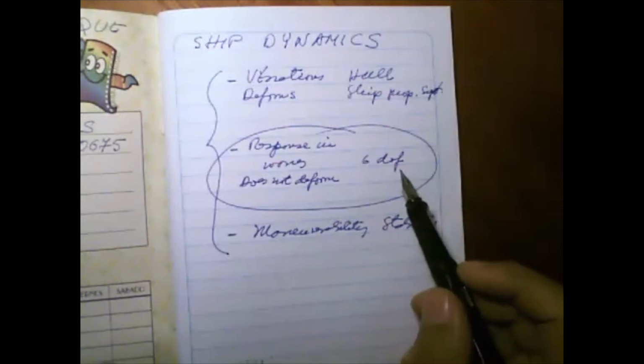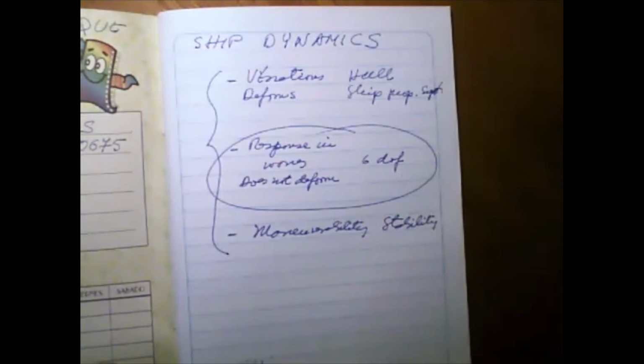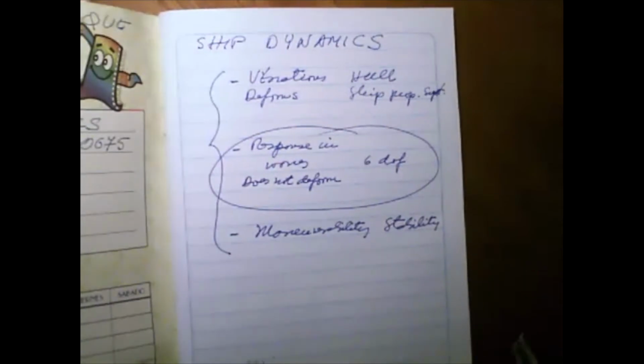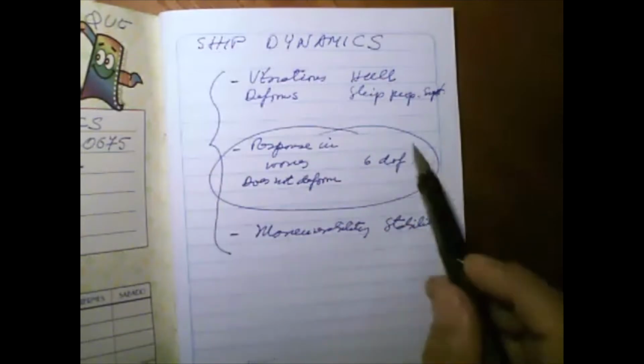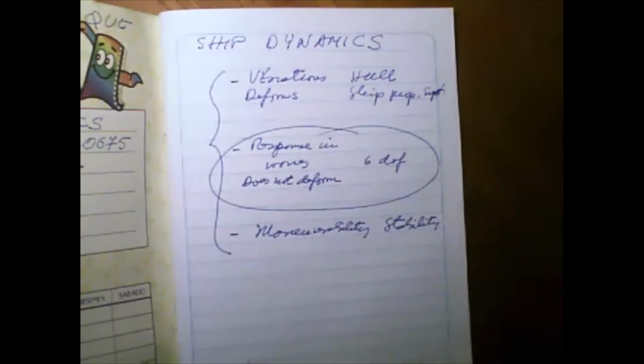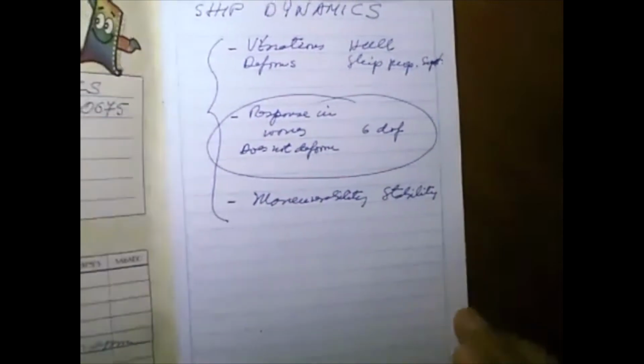So in chapters 3 and 4, we will study a group of motions. In chapter 3, we will be analyzing the heave and pitch coupled problems. In chapter 4, we're going to be analyzing the roll response. So this is where we are going to be working during this semester.